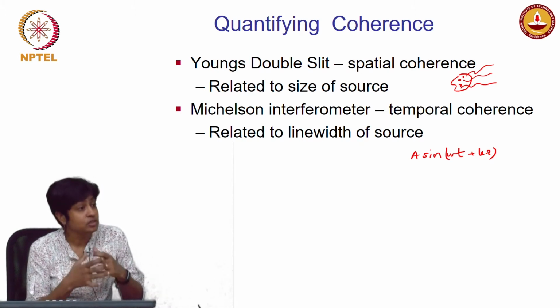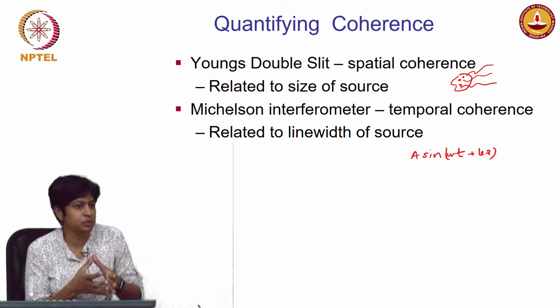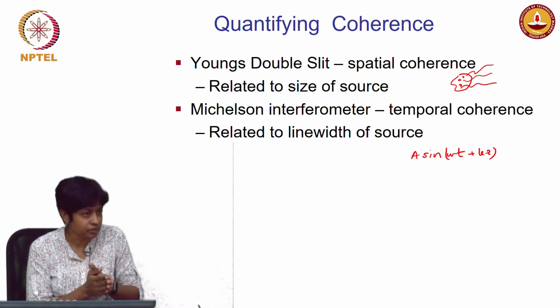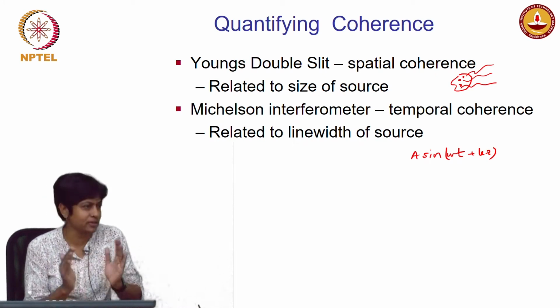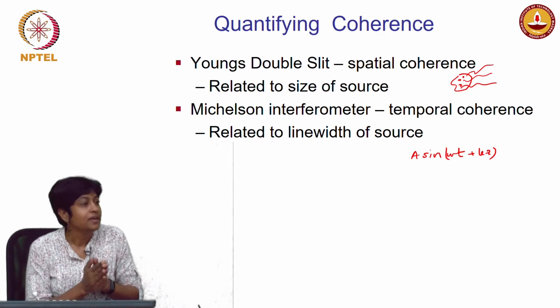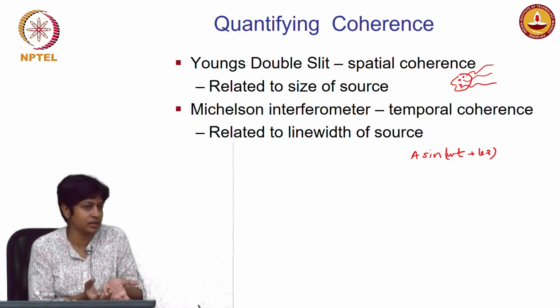So, if I have a distributed source, that means it isn't just one emitter emitting one perfect sinusoidal wave, but a number of emitters each emitting one perfect sinusoidal wave. But since they don't start in phase, there's a phase difference between them, and that is what is going to relate to the overall coherence of your source.